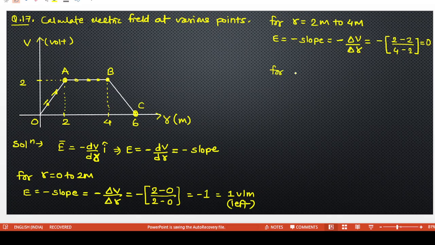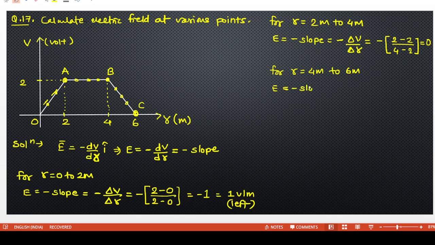Similarly, for positions equal to 4 meter to 6 meter, again it is a straight line. No need to find the slope at each point separately, you can find the slope directly.